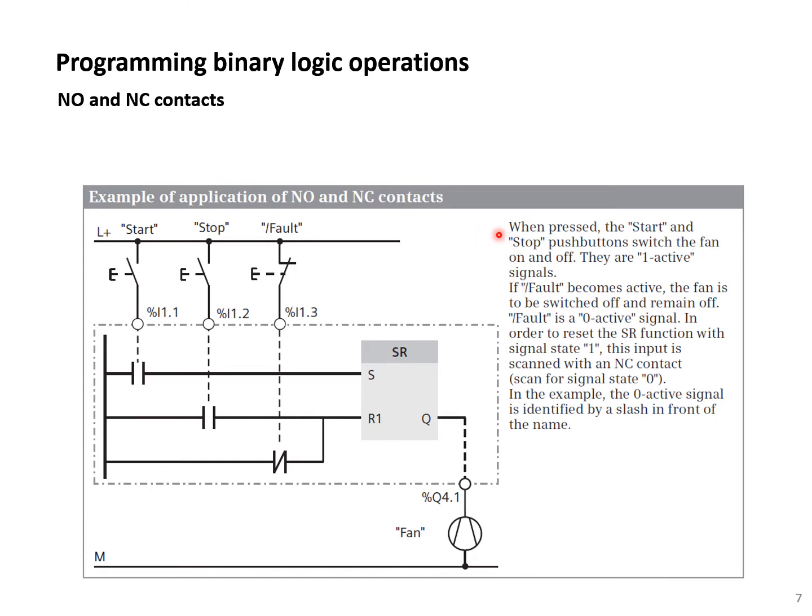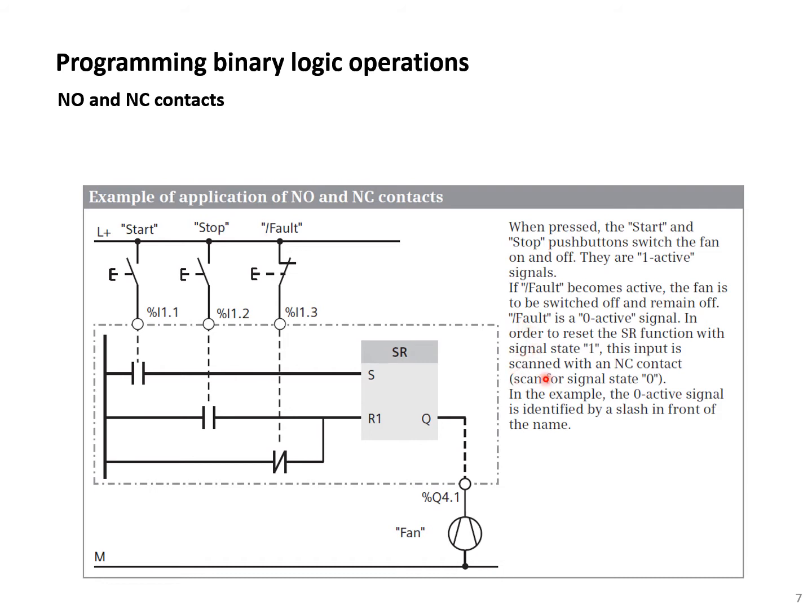When pressing the start and stop push button switches, the fan goes on and off; they are one active signals. If a fault becomes active, the fan is to be switched off and remain off. Fault is a zero active signal.